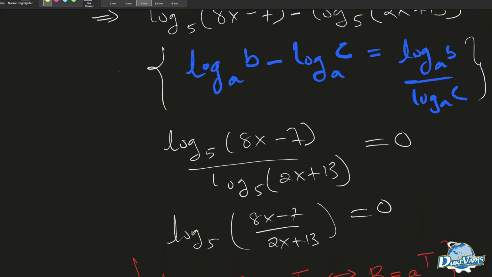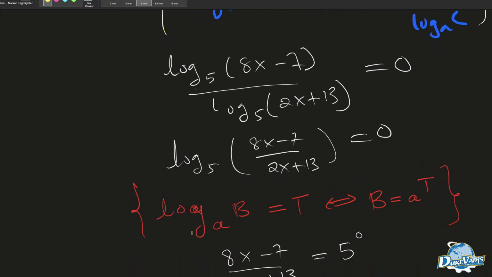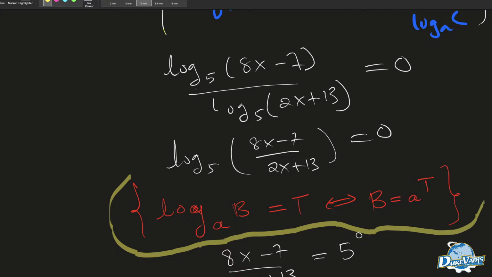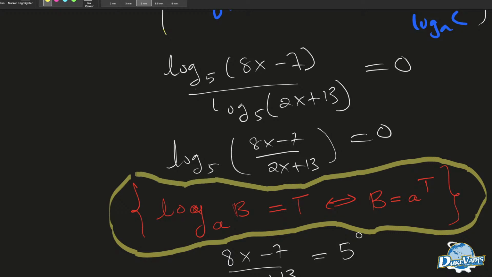Have you seen that? Now, we also employ this property that we learned earlier in logarithm. It says log to the base a of b is equal to t, a certain variable. And we were told that from the right hand side, b will be a certain number, and a, being the base, will be raised to the power t.